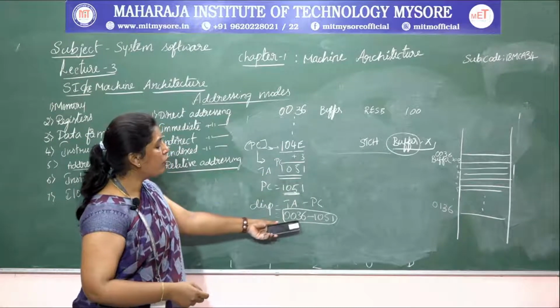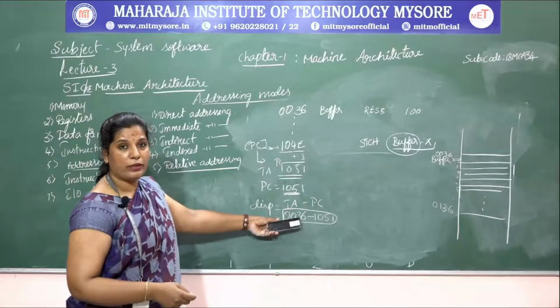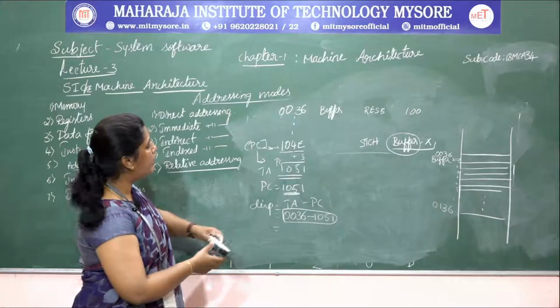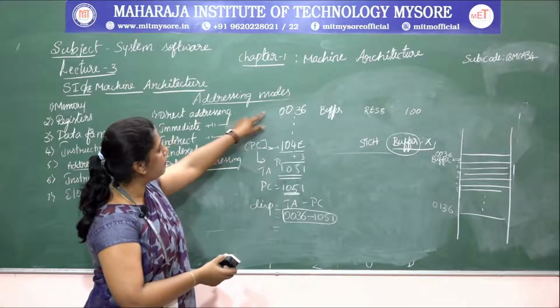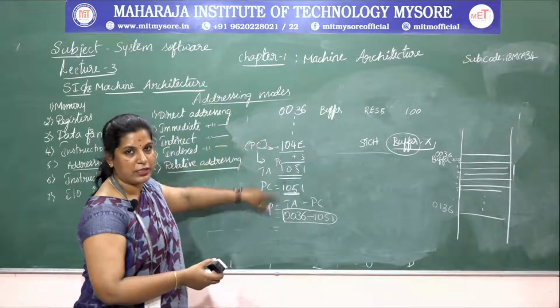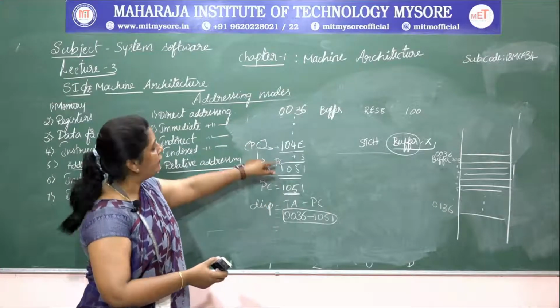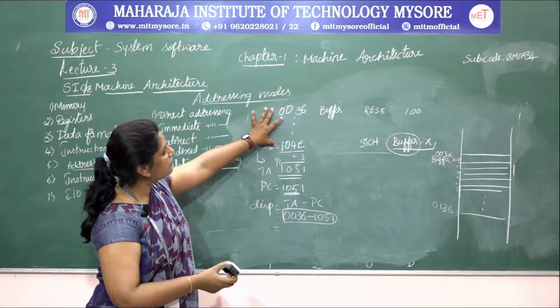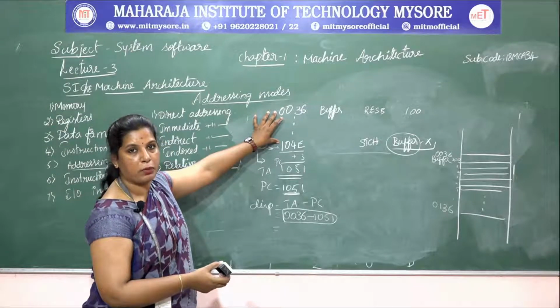Hence for this instruction, program counter relative is not possible, because it is a backward reference, not a forward reference. If it is a forward reference, then it will be okay. If it is a backward reference, the displacement is too high with program counter.